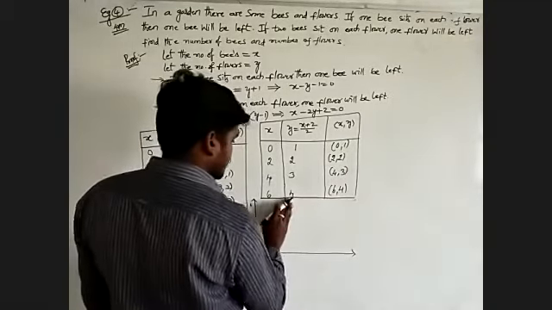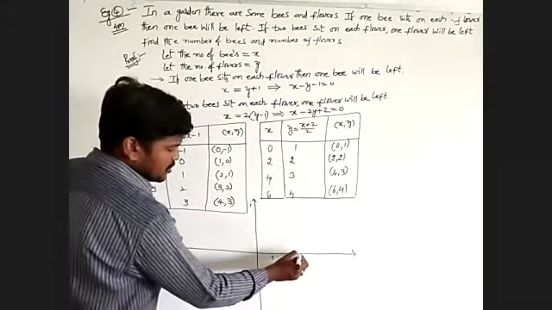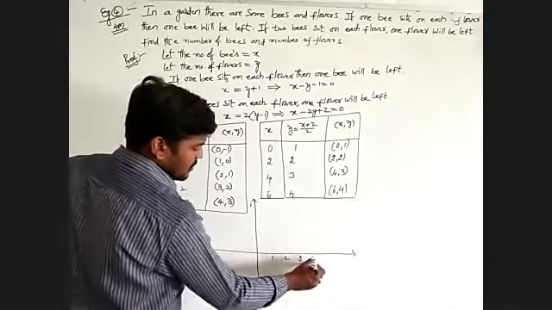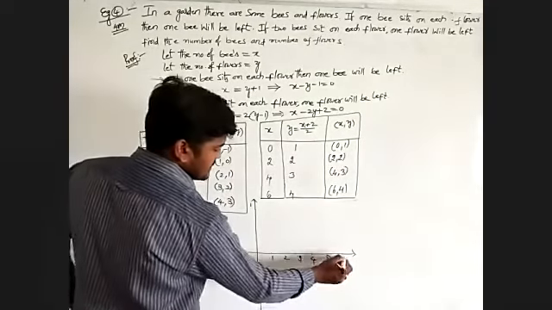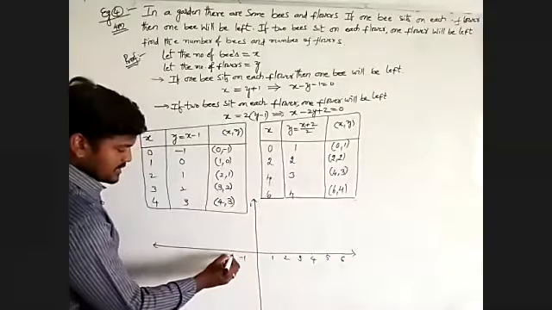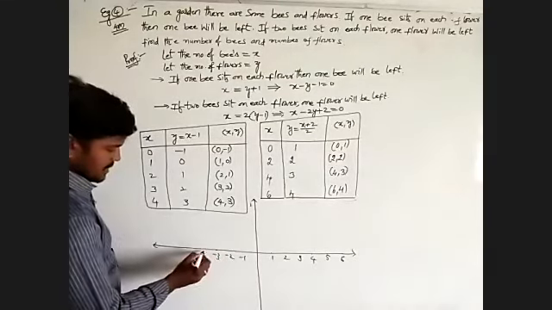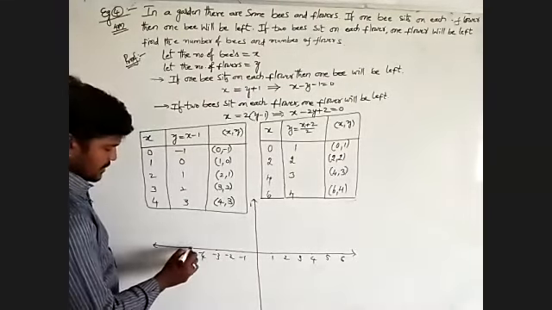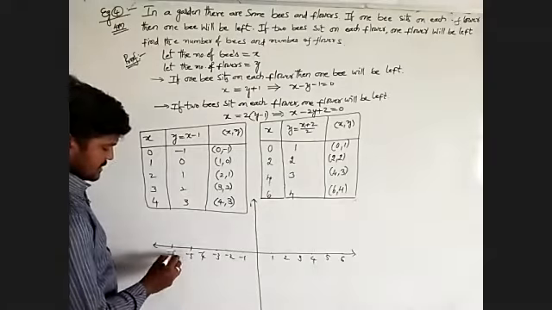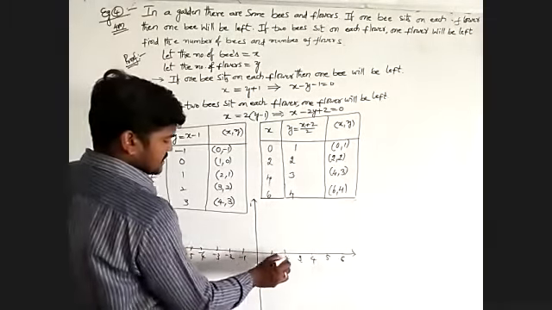That means here we have to take 1, 2, 3, 4, 5, 6 as well as the negative x-axis -1, -2, -3, -4, -5, -6. We have to take the values on the positive x-axis and negative x-axis.